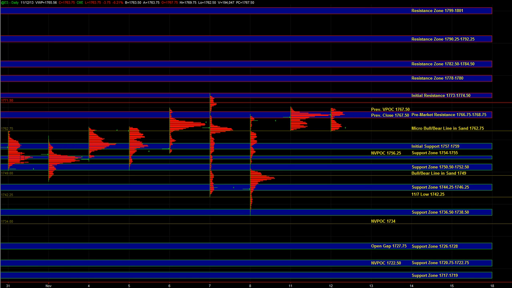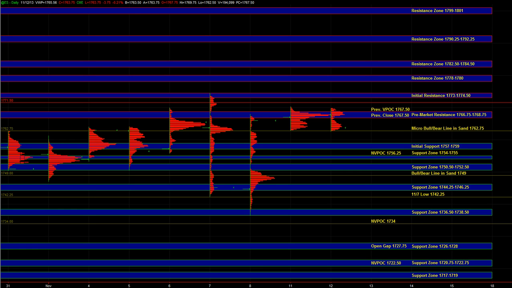At the same time, to manage your risk, you probably do want to scale out ahead of the 62 half, ahead of the overnight low, and just reduce your risk. Because if ES fails at 62.75 and then starts heading lower, we could quite easily go down to 54.55, and like I mentioned, the 50 half to 52 half zone.